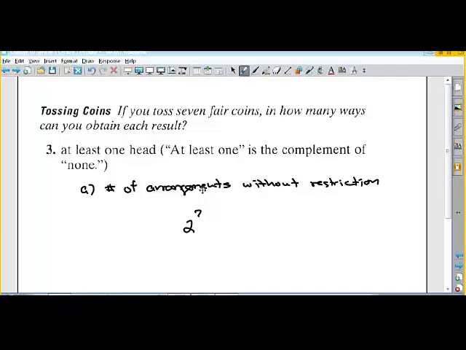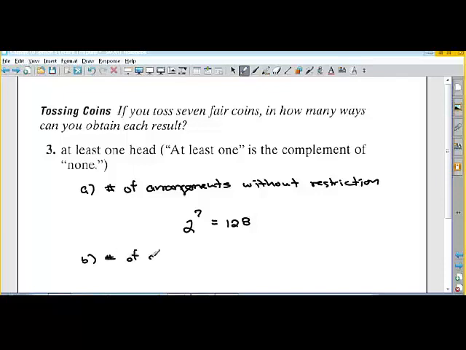Each process has 2 choices, heads or tails. So we multiply 2 by 2 by 2, and the number of tosses is how many times we multiply. So it's 2 to the 7th power, which is 128. So there are 128 possibilities without any restrictions. That's our universal set.